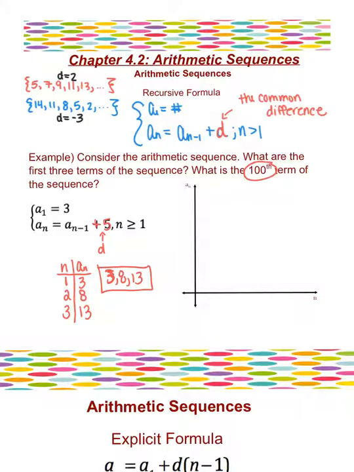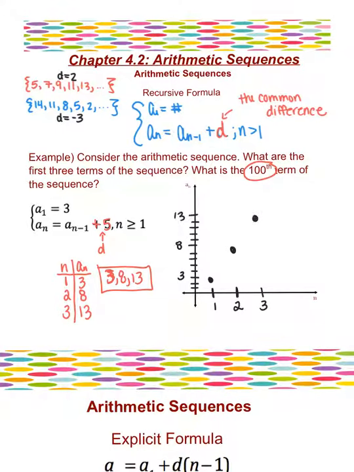So let's take a look at the sequence in terms of a function. If I input 1, my output is 3. When I input 2, my output's 8. When I input 3, my output is 13.